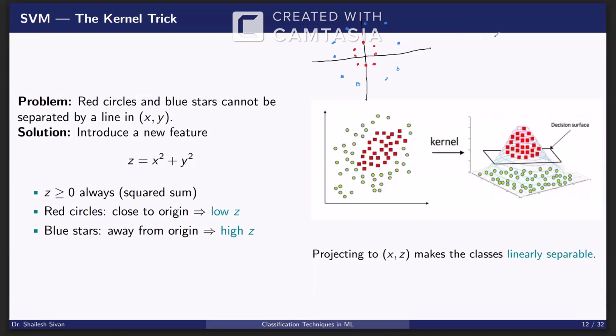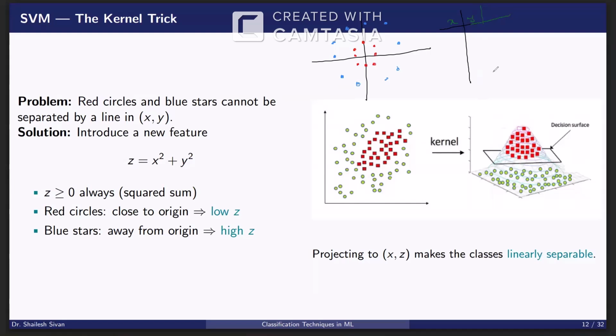This data is particularly described using how many features? How many features are there in this particular data? 2. Yes, there are 2 features, X and Y.